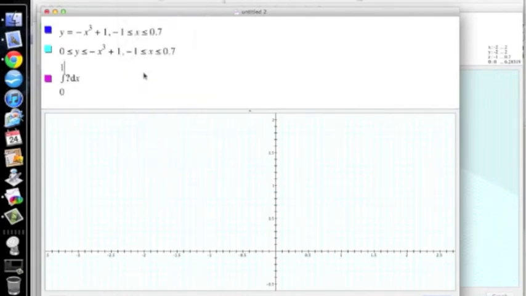So I'm going to take the integral from negative 1 to 0.7 of 2 times pi times negative x cubed plus 1 times 9x to the 4th plus 1 to the 0.5, and there you go, 17.925.